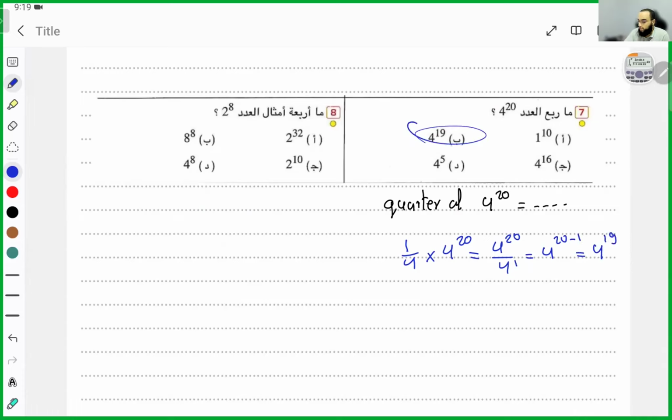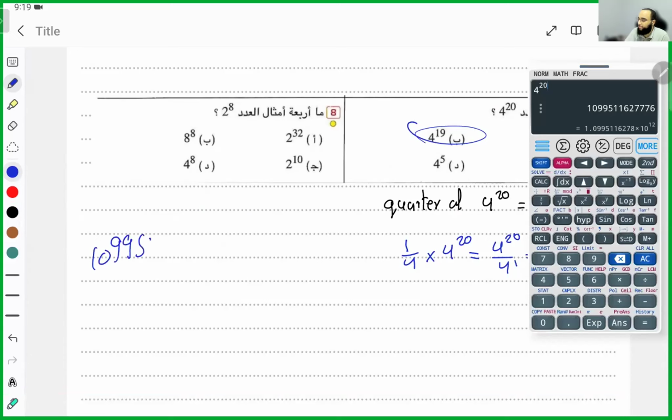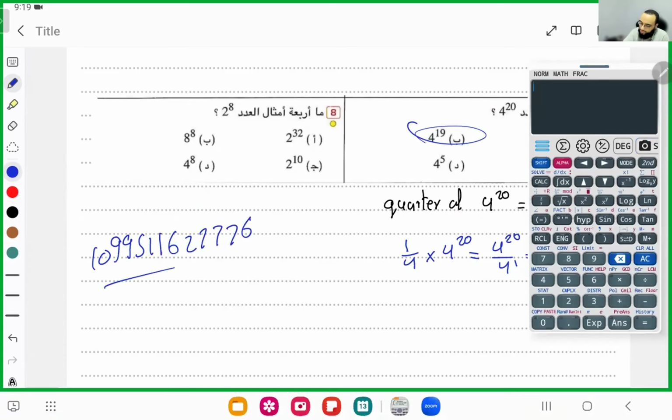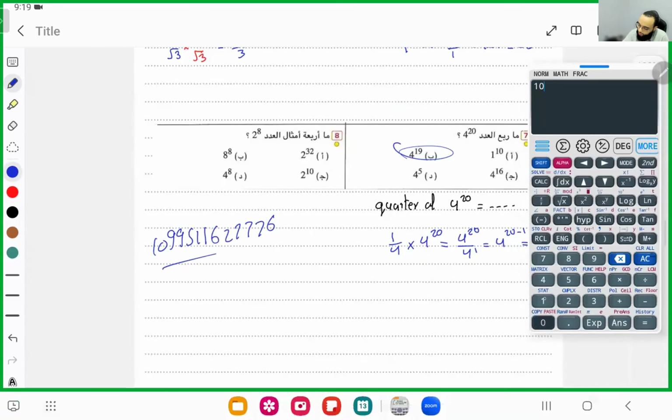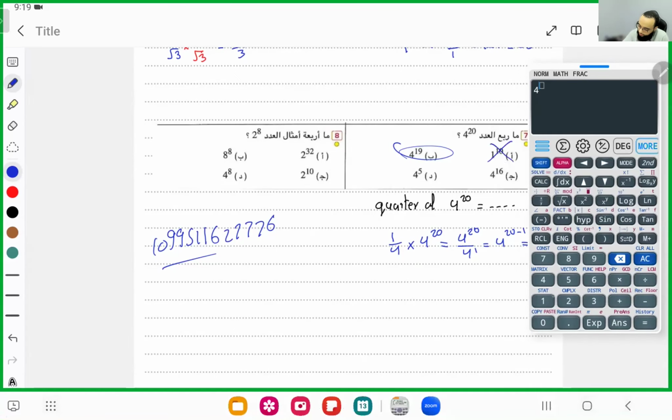That's it. You can check on the calculator actually. If it is 4 power of 20, write this number on the paper: 1099511627777. Check the answers. 1 power of 10, no, it's not correct. 4 power of 19.